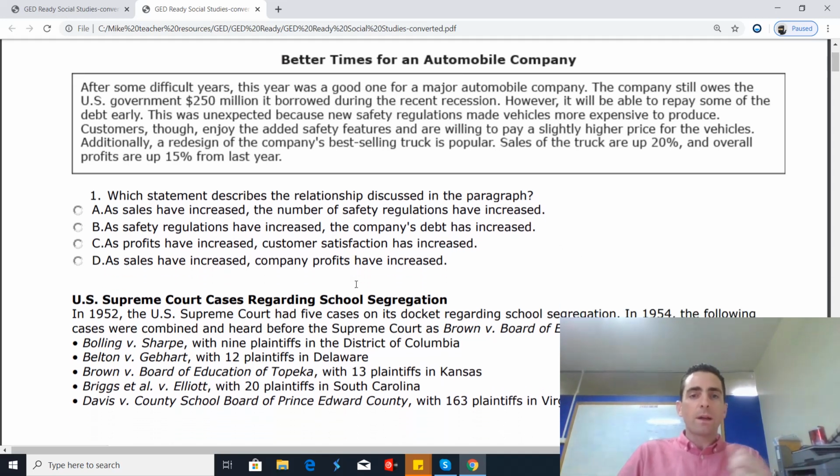Which statement describes the relationship discussed in the paragraph? A, as sales have increased, the number of safety regulations have increased. B, as safety regulations have increased, the company's debt has increased. C, as profits have increased, customer satisfaction has increased. D, as sales have increased, company profits have increased. So which of these four does the paragraph describe?